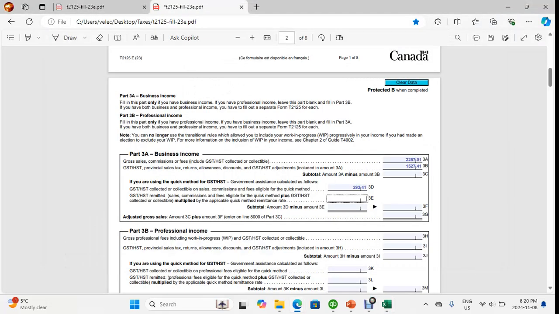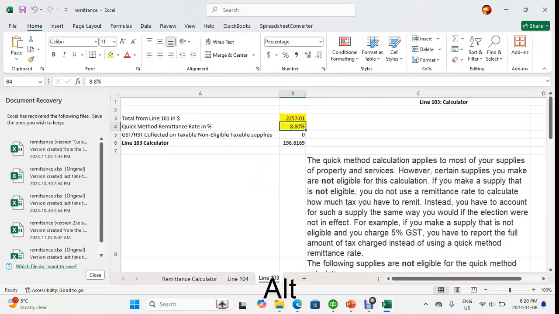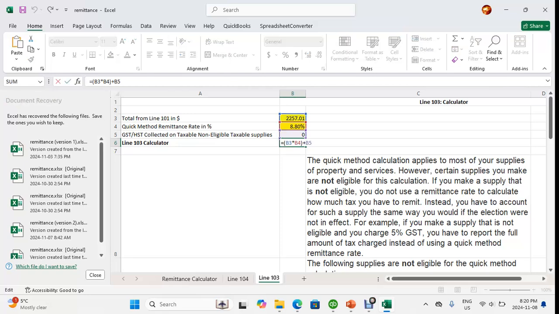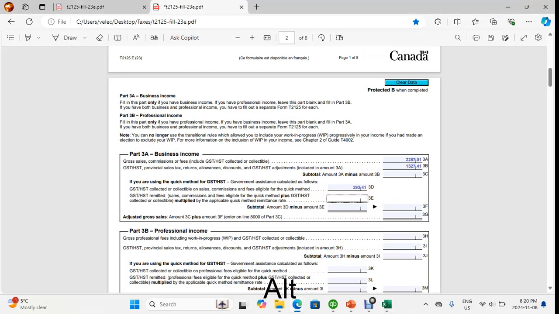So this will be 8.8, and line 103, or HST remitted, will be $198.62. Apart from that, your subtotal will be $94.79, which will get transferred to box 3F.